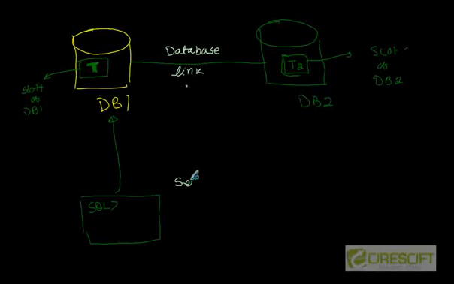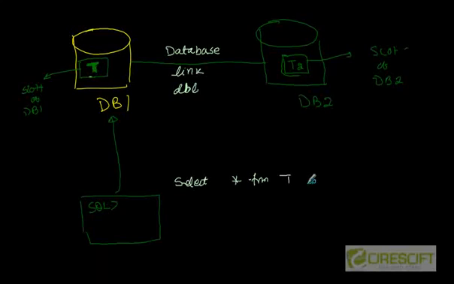So while connected to this database db1, let's say the database link name is dbl. If I do select star from T, I get the data from the table T in the local database.